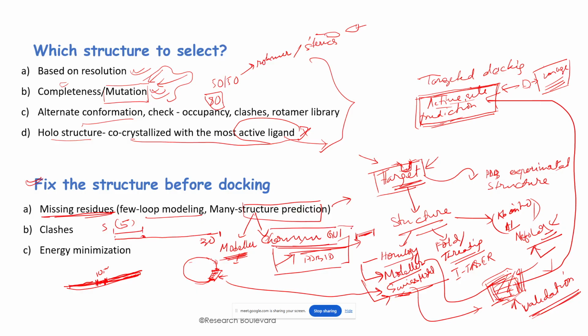I will show you CHARMM-GUI for now, and when we do the homology modeling based structure prediction, we can also cover this missing residue insertion using Modeller. Anyway, let me show you how to fix the missing residues.